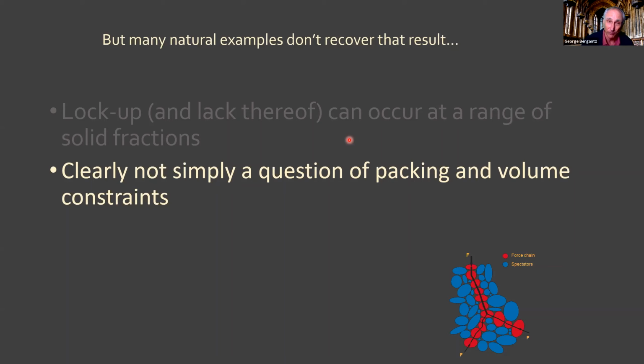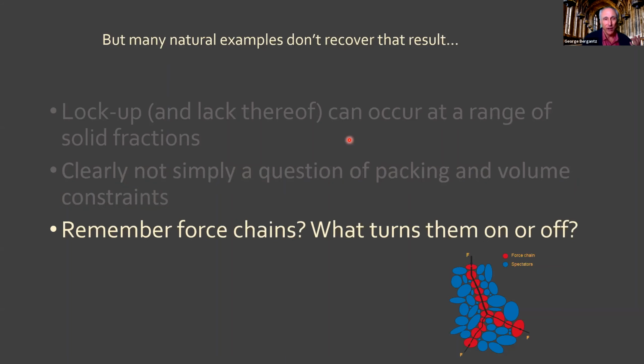It's not uniform. And so when we think about this idea of force chains being the load-carrying elements within a system, it's an open question what turns them on or off.